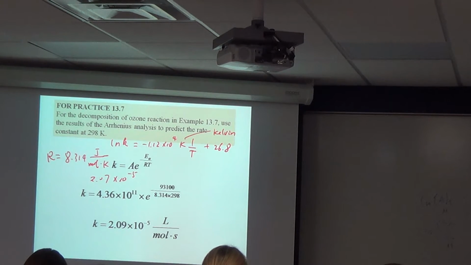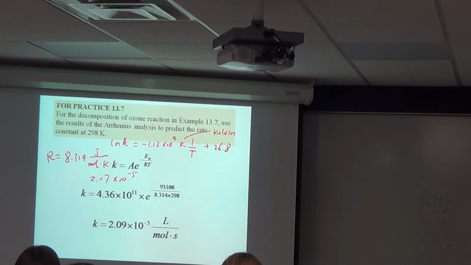You need to remember sometimes there's a negative in the equation. So what I did here, two ways. What I write in red is the way you go straightforward from the equation you get from the graph.